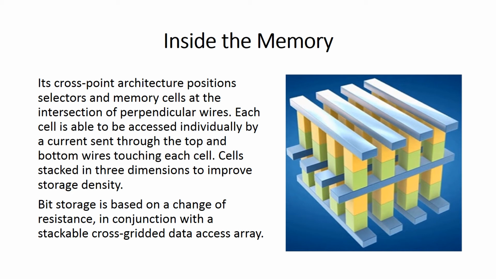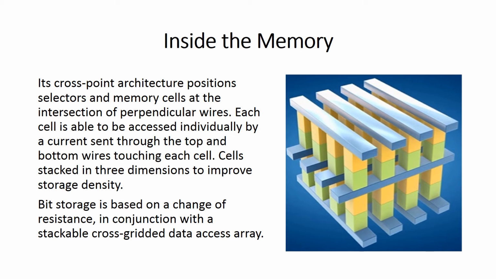As you can see in the picture, the base is metal, the second layer is the selector, and the third one, yellow color, is the memory cell where the data is stored. As we can see in the picture, the crosspoint architecture positions selectors and memory cells at the intersections of perpendicular wires.